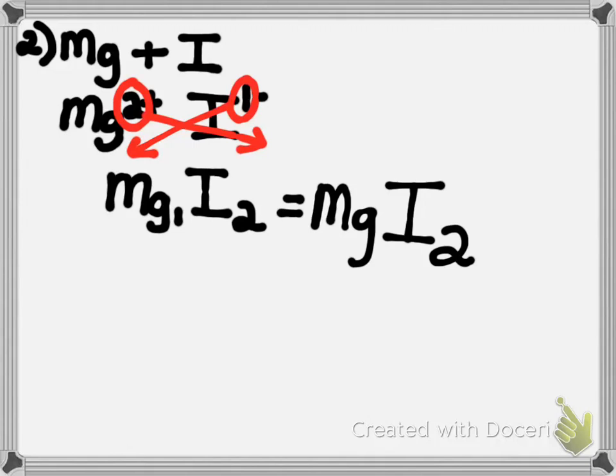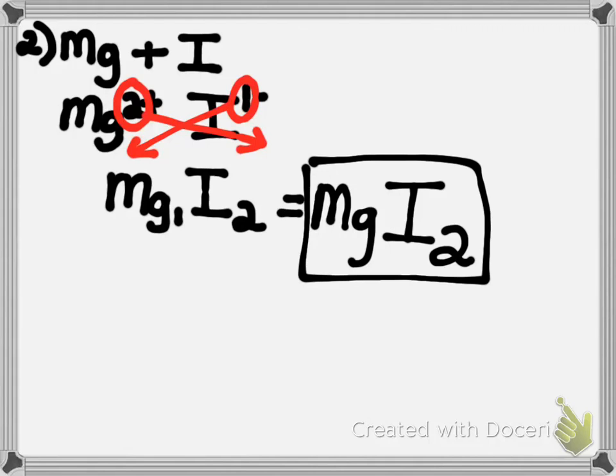Okay, so now to show the transfer of electrons for this equation, we need to draw out our electrons. And so we have 1 magnesium, and if magnesium is in group 2, then it has 2 valence electrons. Now iodine, each iodine, it's in group 7, and so each one of those will have 7 valence electrons.